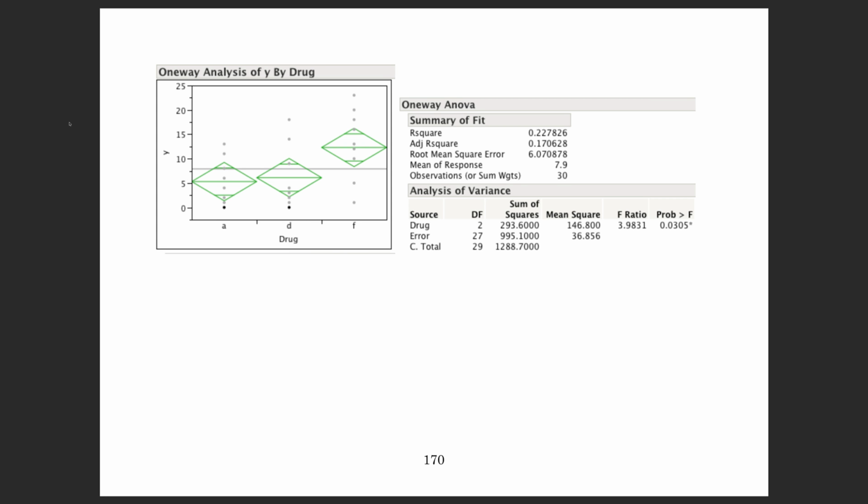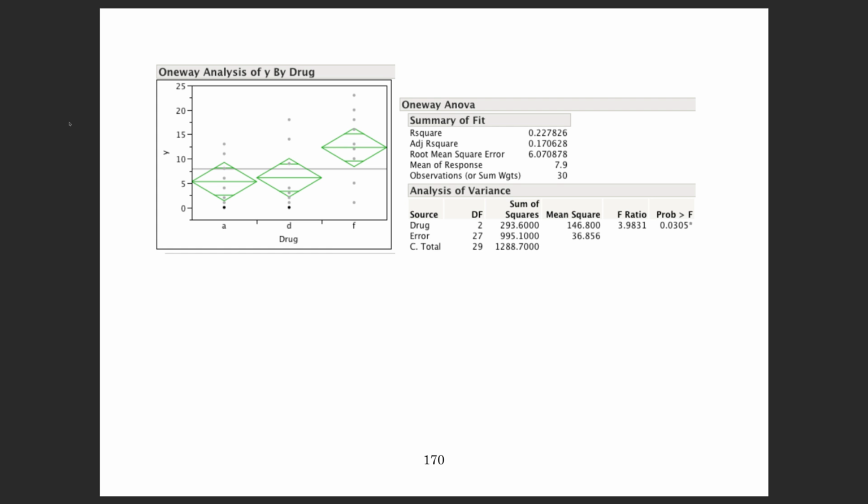So we can calculate the mean squares for both the drug differences, and for the error term, we can calculate the F ratio. The F ratio is not too small, it's nearly 4, but this is a relatively small sample. So the observed significance level for this overall F test is only about 3%.